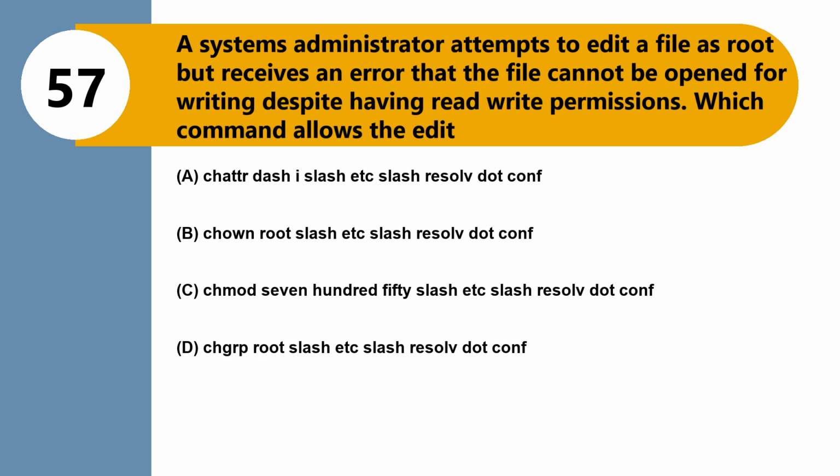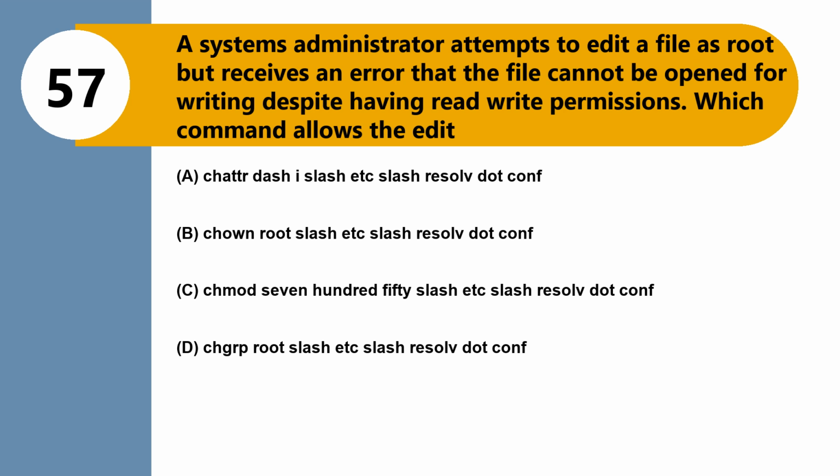Question 57. A systems administrator attempts to edit a file as root but receives an error that the file cannot be opened for writing despite having read-write permissions. Which command allows the edit? Option A, chattr -i /etc/resolv.conf. Option B, chown root /etc/resolv.conf. Option C, chmod 750 /etc/resolv.conf.